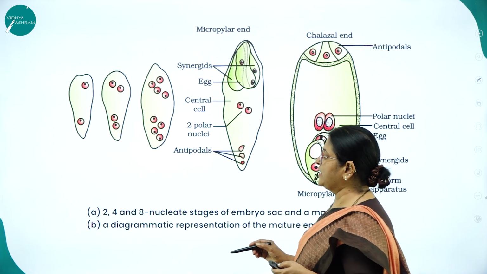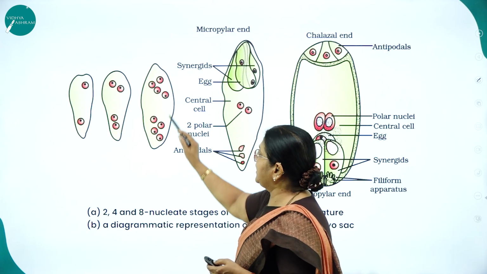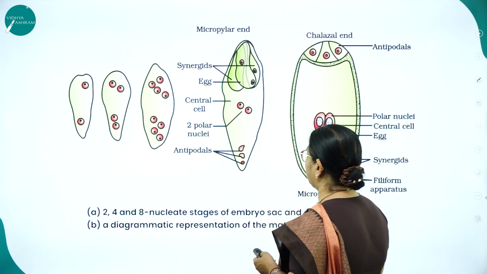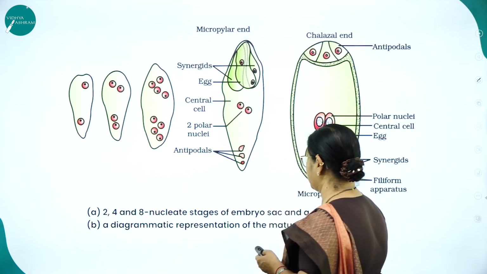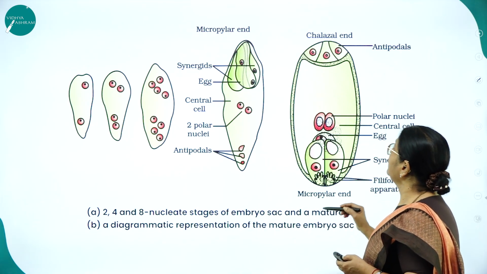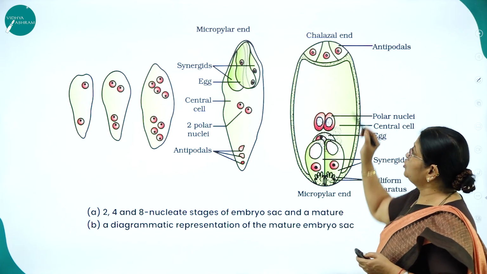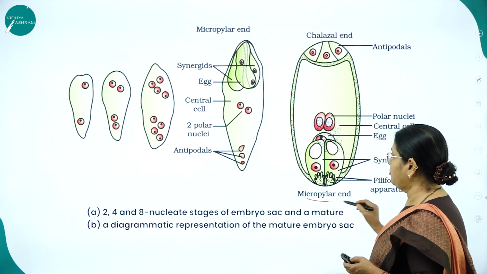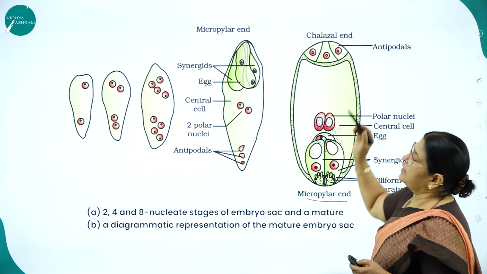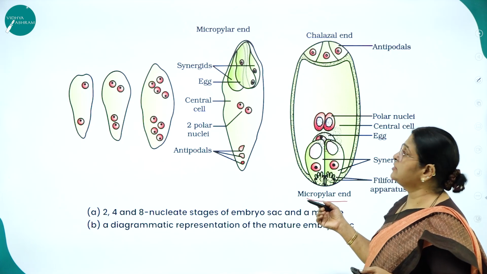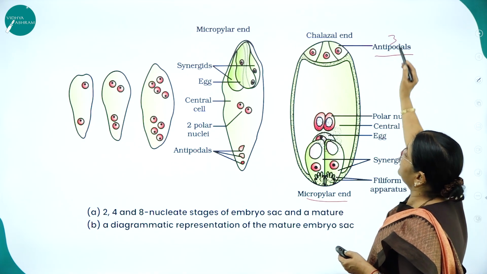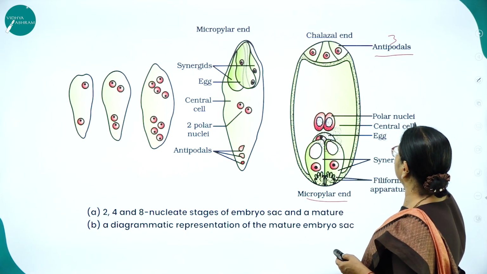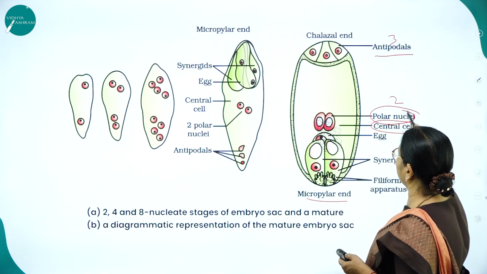See here you can see the diagram. 2, 4 and 8 nucleate stages of embryo sac and a mature embryo sac. Here you can see the diagrammatic representation of a mature embryo sac where there are 2 poles. One is called the chalazal end or the chalazal pole, the other the micropylar pole or micropylar end. And the 3 cells that are towards the chalazal end, you call them antipodal cells, which degenerate, and the central cell has the 2 polar nuclei.